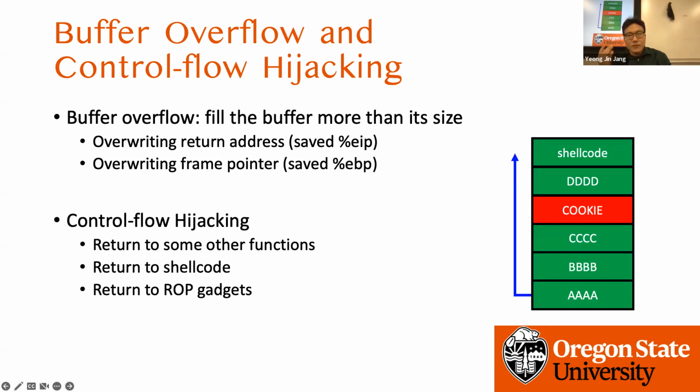The important point here is that buffer overflow is not the only way to achieve control flow hijacking. We will learn how we can turn arbitrary read-write primitives into control flow hijacking. You will see that in the end, arbitrary read-write would be the most attractive primitive to attackers, because it allows the attacker to do whatever they want.